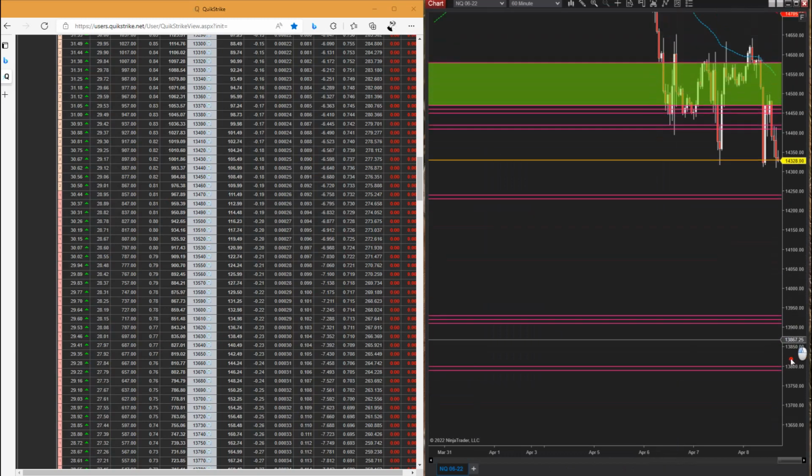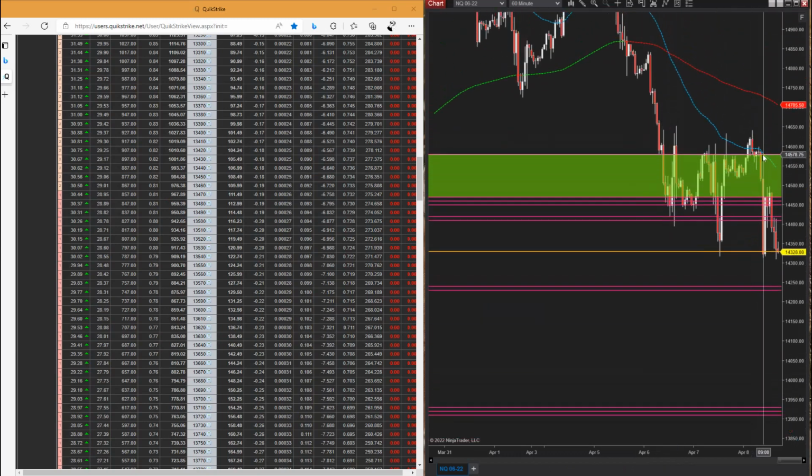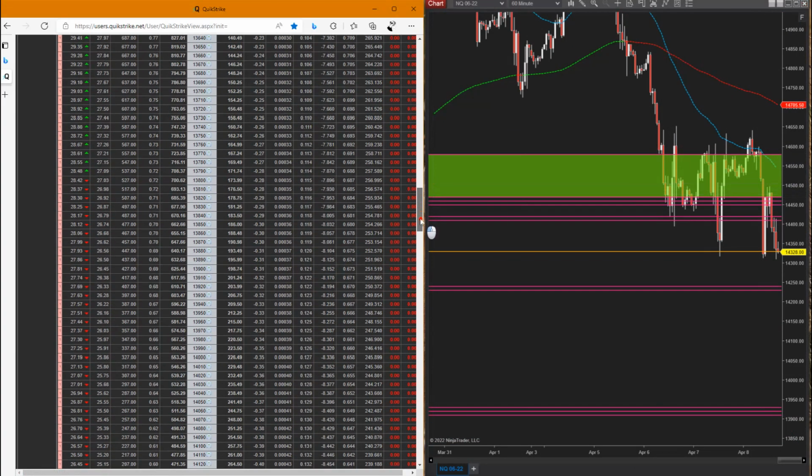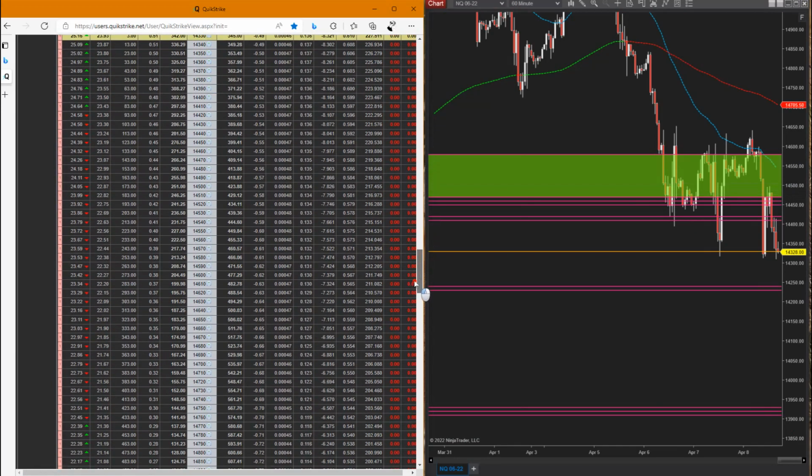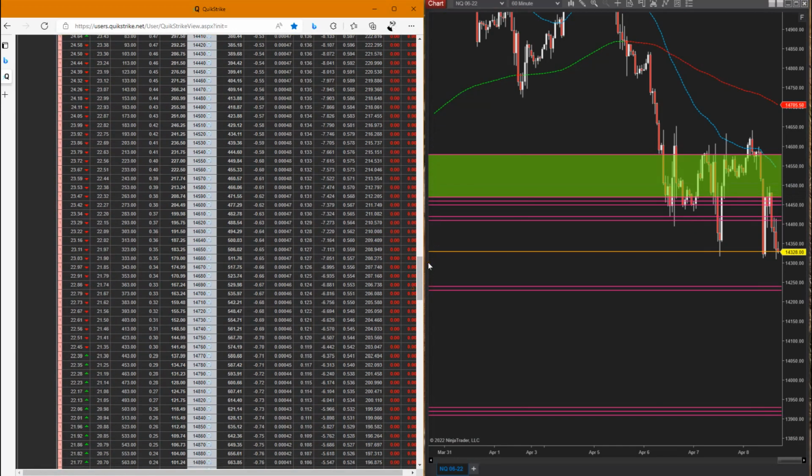Now, should we pop above this high gamma, we better be ready with some opposite trades, and that would be this 770, 780, or actually 760, 770.